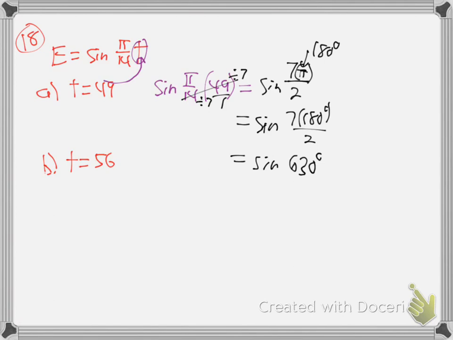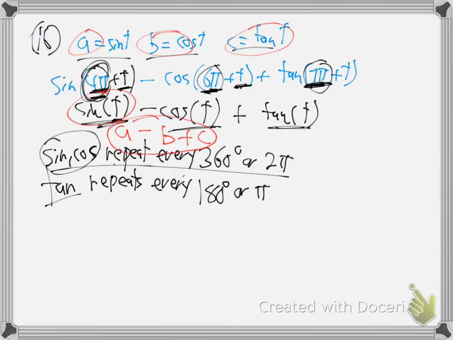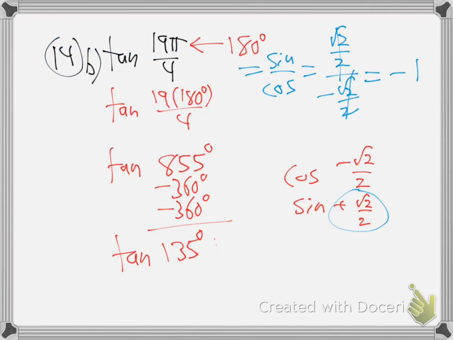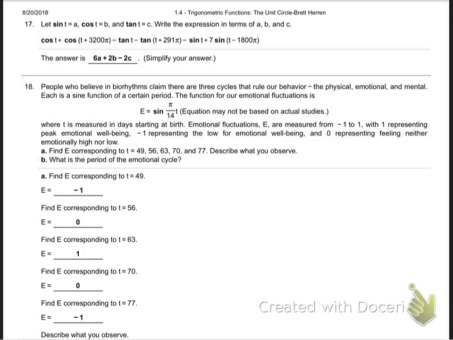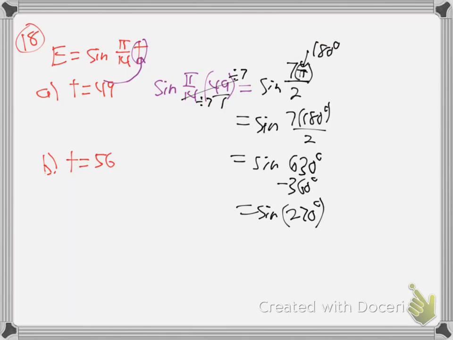And so then just subtract the 360, same thing as usual. What is that? 270, I believe, sine 270. Go to the unit circle, wherever that is. Where's my unit circle? I don't know, I've lost it. So I'm going to have to find it here.